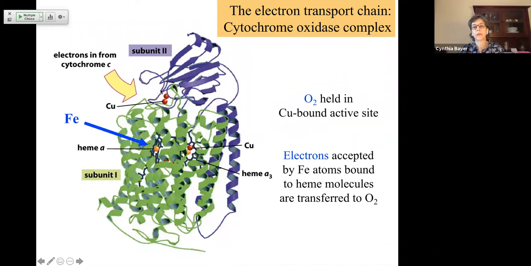So they're waiting for the electrons. Oxygen, the final electron acceptor, will accept those electrons plus protons and be reduced to water. So let's take a look, more diagrammatically, at the different components of the electron transport chain.